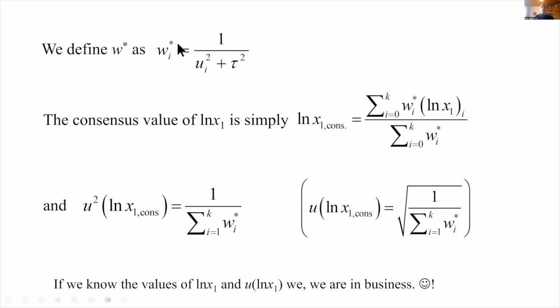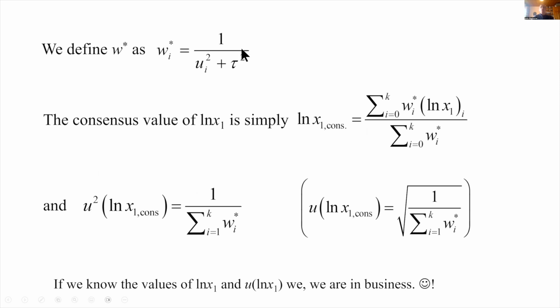We need to define a new weighting, but it's simply the variance of the data, the square of the standard deviation, plus the variance between the data sets. So this is the standard deviation squared for the particular data point in a data set.